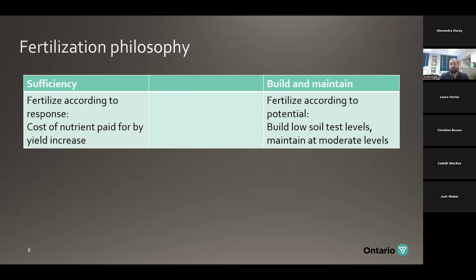On the other end, we've got what's called a build and maintain approach. And so this is fertilizing according to the potential. So at high or moderate soil test levels, we know we can get, generally speaking, a better yield than we can at low soil test levels. And so this approach aims to maintain those soil test levels, especially phosphorus and potassium, at those moderate or high testing levels.